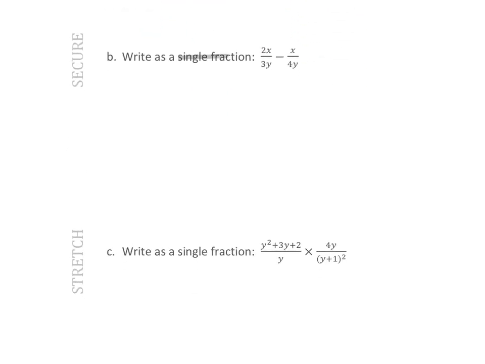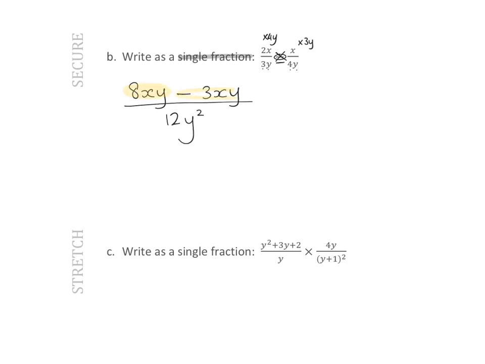B, write as a single fraction. Okay, now we have two options again for this one. We want a common denominator, nothing factorises first. So I'm just going to cross multiply for adding fractions. So timesing by 4y, and by 3y, and timesing the bottom together. So I have 4 times 2 is 8xy, minus, because it's a minus in here, 3xy, over 3 times 4, 12, y times y, y squared.